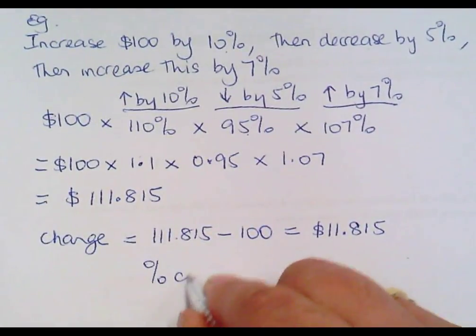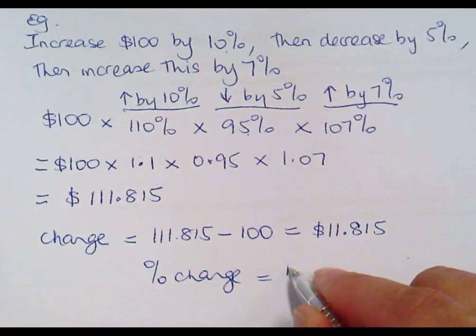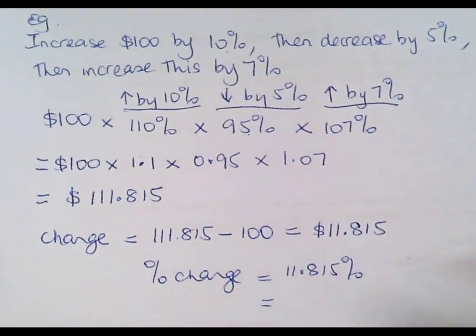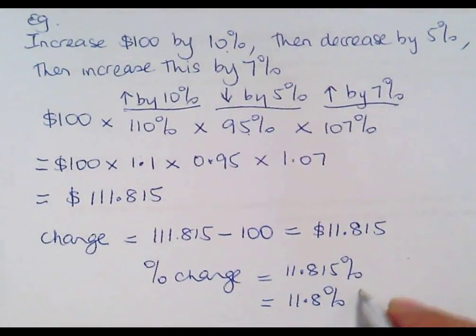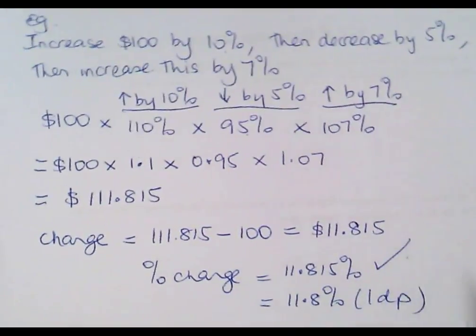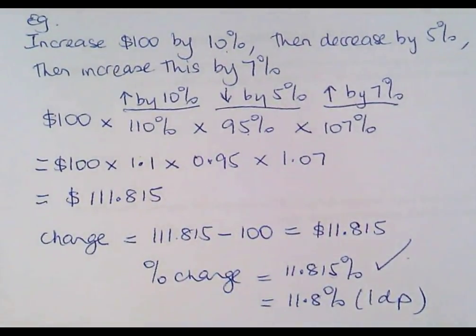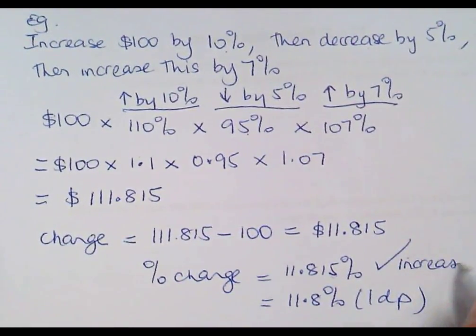So therefore the percentage change, because it's out of 100 as well, will be 11.815%. Or if you want to round it off to 1 decimal place, for example, 11.8. But you know what? Because this is an exact answer, that's really good to give. It's 11.815%. So therefore 11.815% increase would be the answer. Okay?